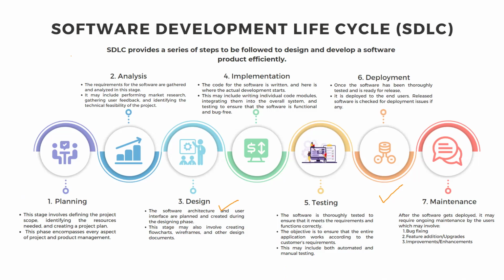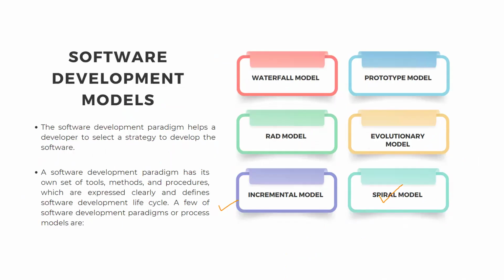There are multiple models, each helpful for certain kinds of projects, but all these models will follow this software development life cycle, which has these seven stages, might be in a different order. So in the next slide, we'll look into the software development models which are available.